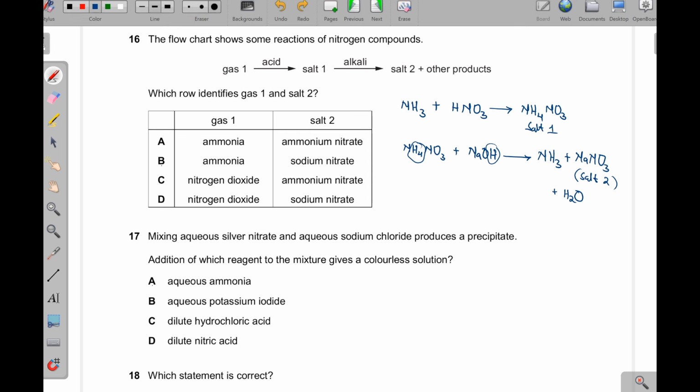And the nitrogens: on the left, we have 1 and 2, and here 1 and 2. So it's balanced. The other products they are talking about are ammonia and water. So salt 2 is sodium nitrate, and our answer is B.